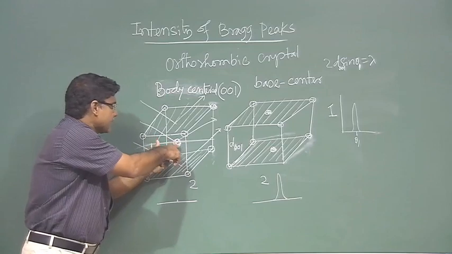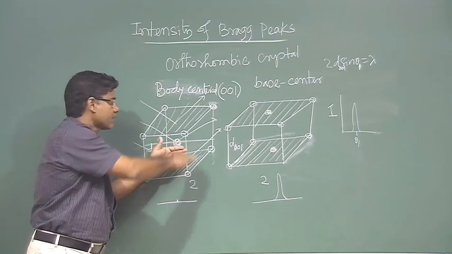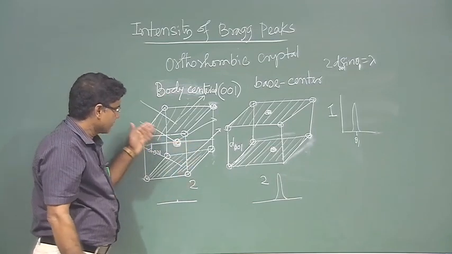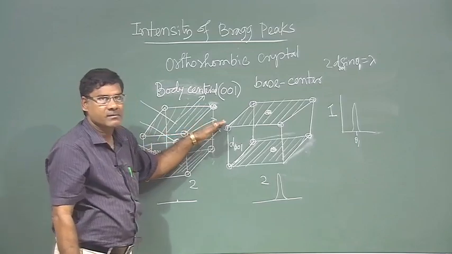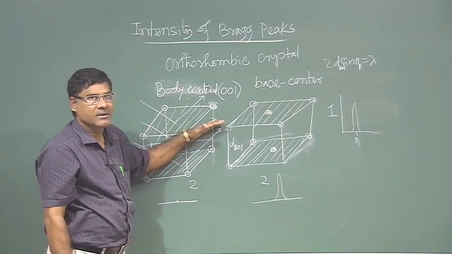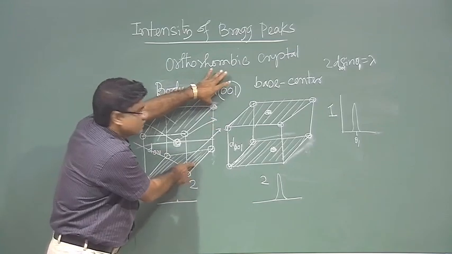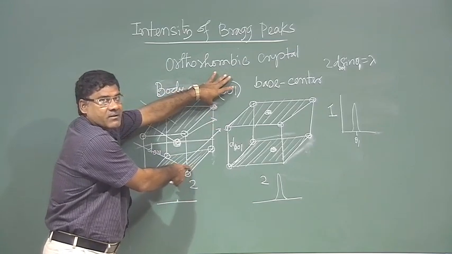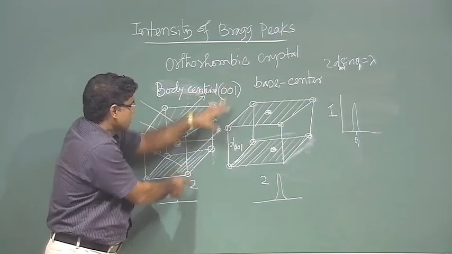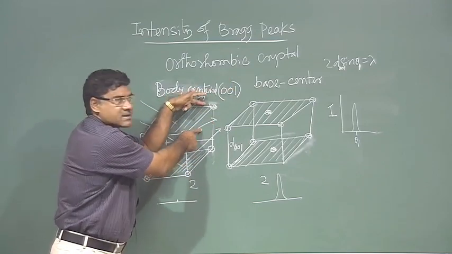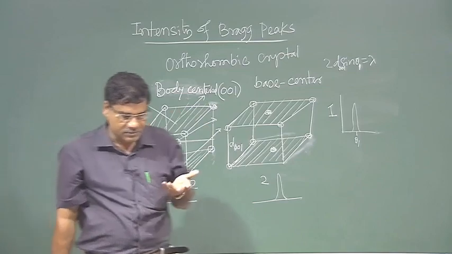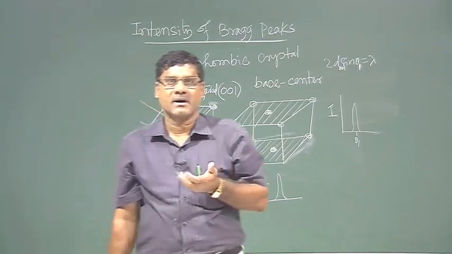Now, this plane is exactly in the middle. The X-ray diffracted from this plane, or this reflected one: if these two have path difference lambda or phase difference 2 pi, then this will be exactly out of phase. Its path difference will be half, or phase difference will be half.